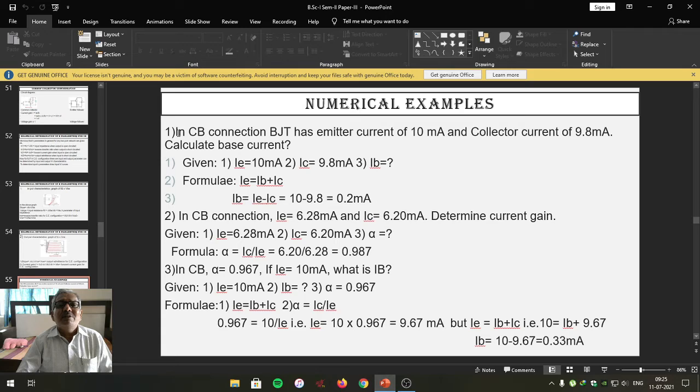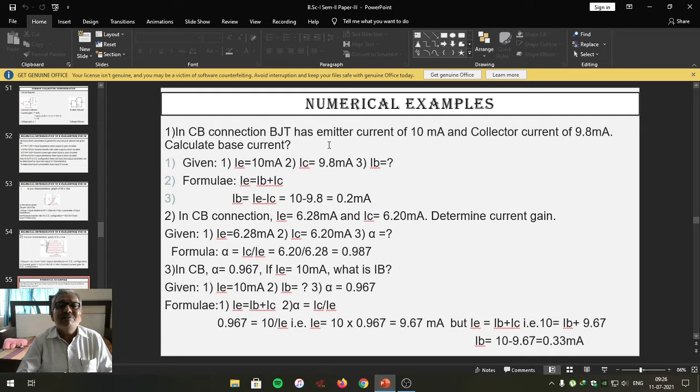In this example, common base connection means BJT is used in common base configuration. That is fixed. In that configuration, what is given? Emitter current, that is IE, is given and that's equal to 10 milliampere. Collector current, that is IC, is given, it is 9.8 milliampere.